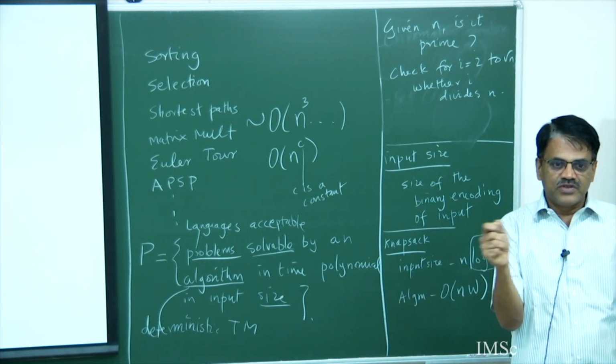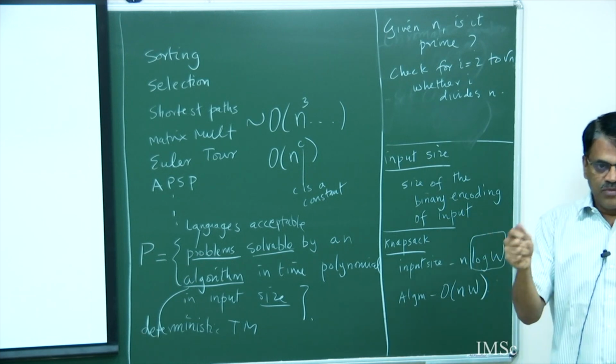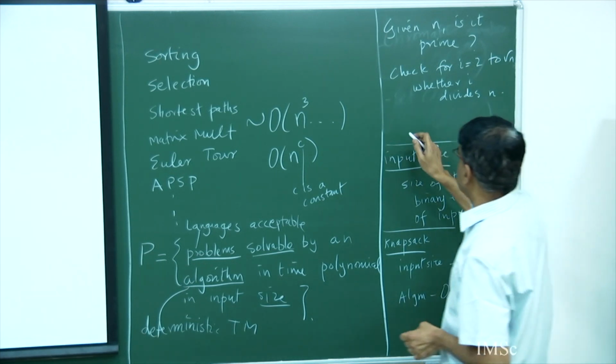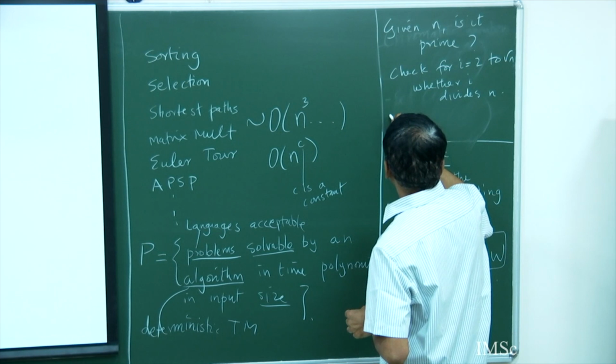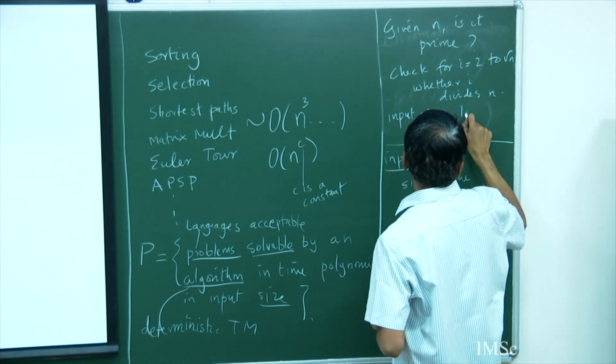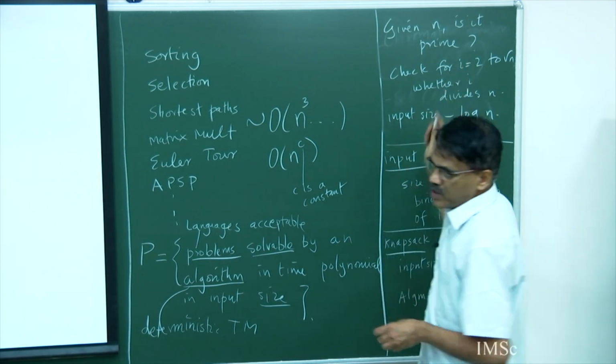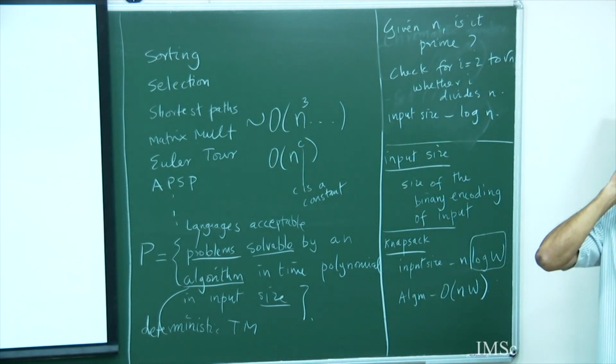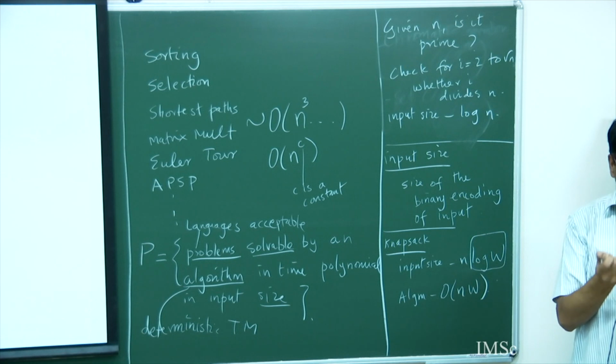Okay. So, size of the encoding is important. So, input size here is log n. So, a polynomial algorithm for this would be polynomial in log n.